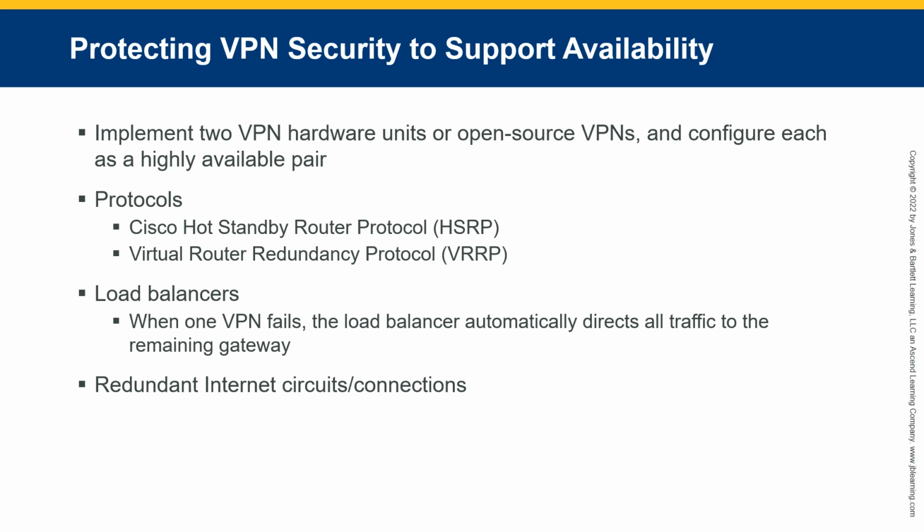You can route your VPN through, let's say, an F5 load balancer, which will do session management, and it detects if one of the VPNs is down. A lot of the cloud systems have load balancing mechanisms to provide that redundancy, to direct traffic to any gateways that are remaining in case there is a failure.